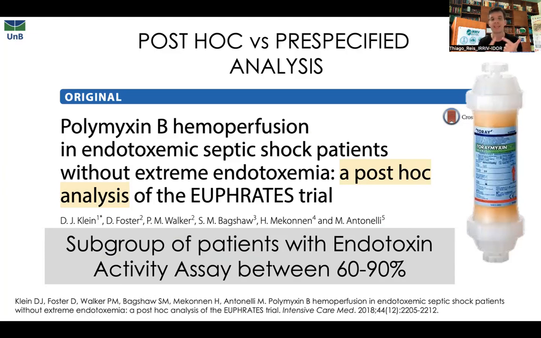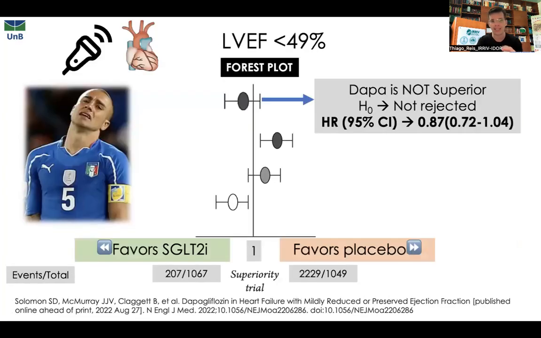This is one point. And second, this was a post hoc analysis. What's the difference? In the pre-specified analyses, before the trial started, the researchers said, we will evaluate this, this, and that.